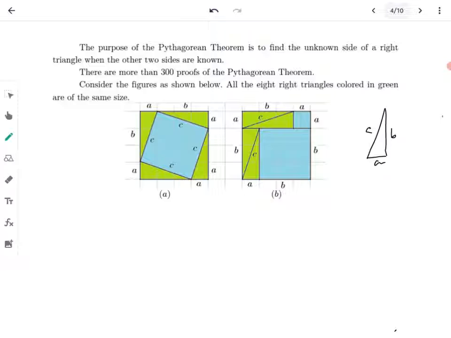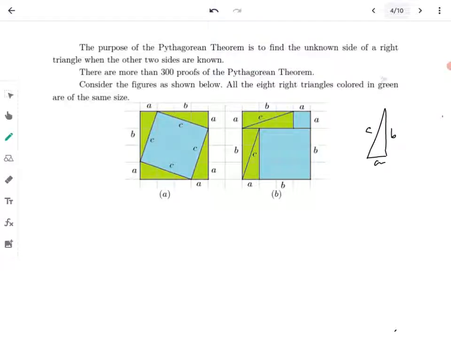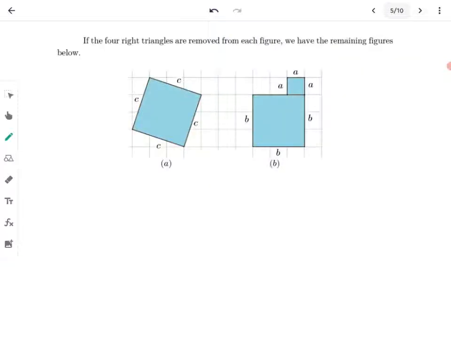The triangles are also congruent, meaning the four green triangles in A and the four green triangles in B are of the same size and shape, so they have the same area. If we remove the green triangles, the remaining figures are the blue figures.